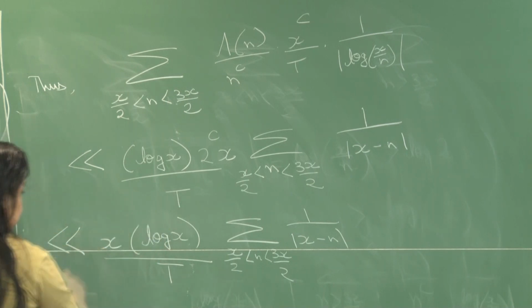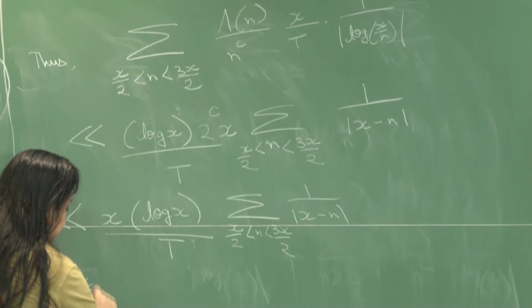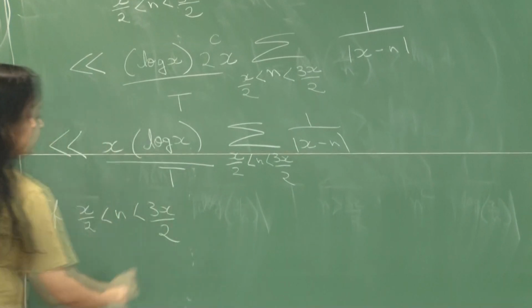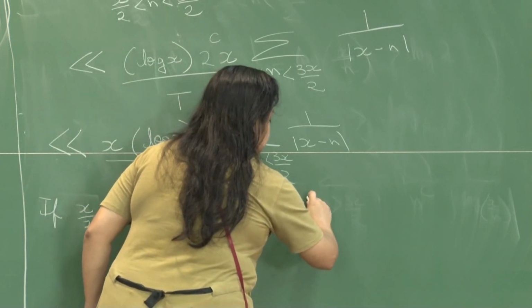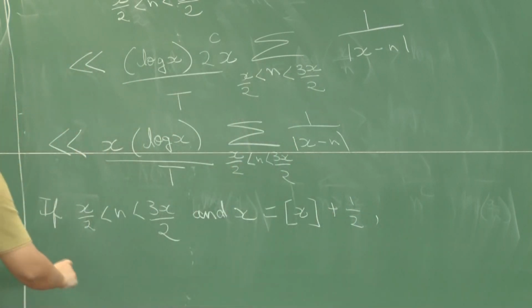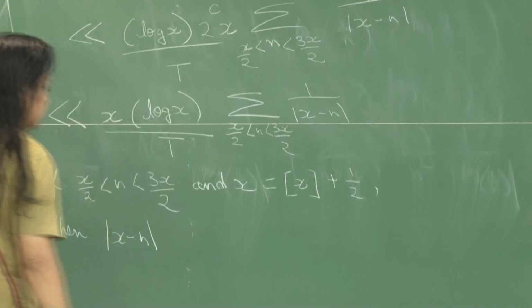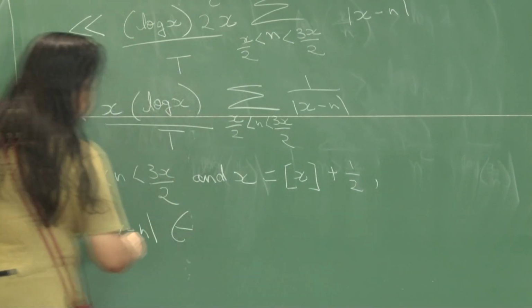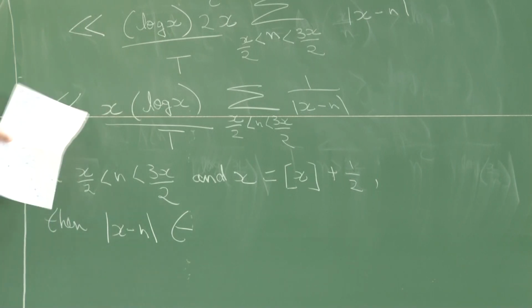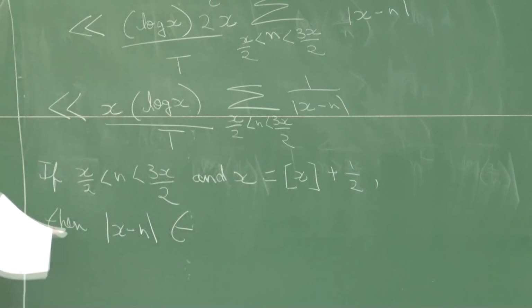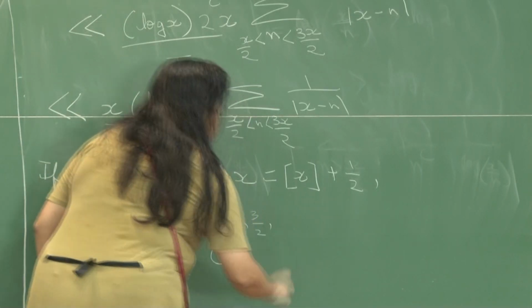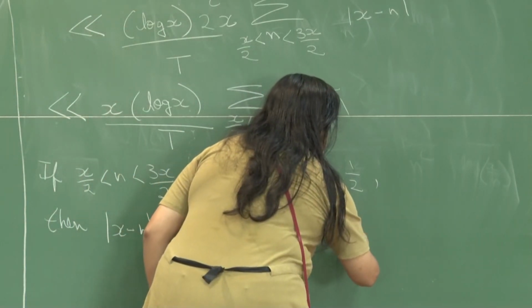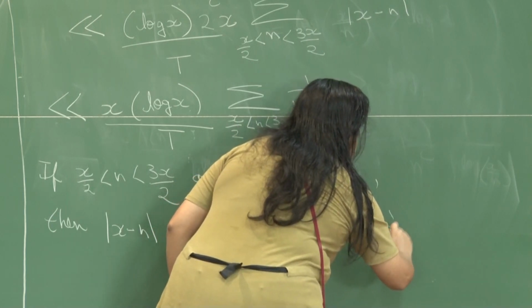Then you can verify that if n lies between x by 2 and 3x by 2 as we need, and x is of the form greatest integer of x plus a half, then the absolute value of x minus n, obviously it will be of the form some integer plus a half, but with some thought you can see, because of the bounds that are given to you, the absolute value of x minus n lies in half, 3 by 2 and so on, all the way till x by 2 plus a half.